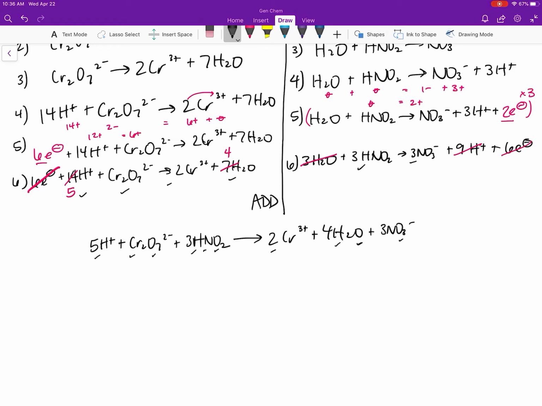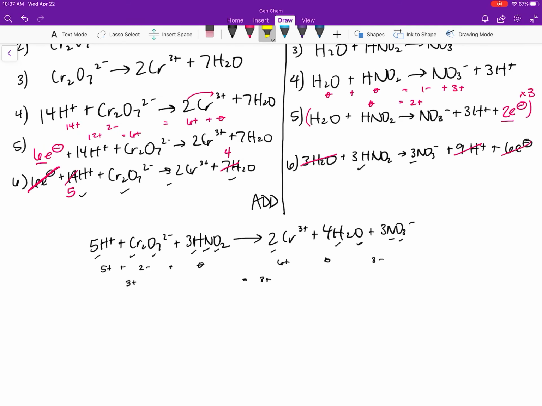Okay. And then nitrogens, I have 3 and 3. So everything's balanced out. Now overall charge, I have 5 plus, 2 minus, and 0, 6 plus, 0, and 3 minus. So 5 plus 2 minus is 3 plus, and 6 minus 3 is 3 plus. So my mass balances out and my charge balances out.